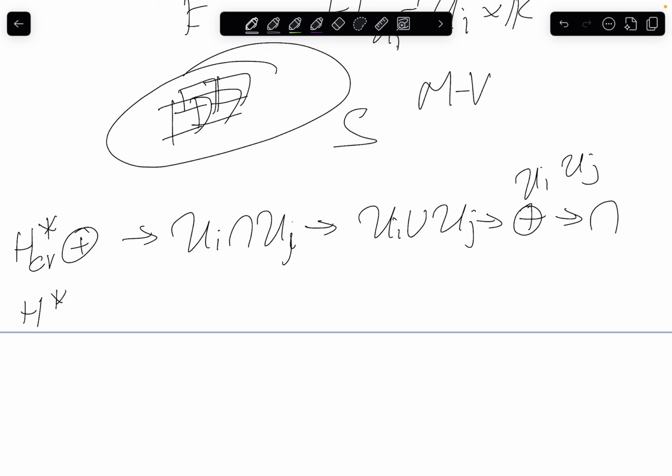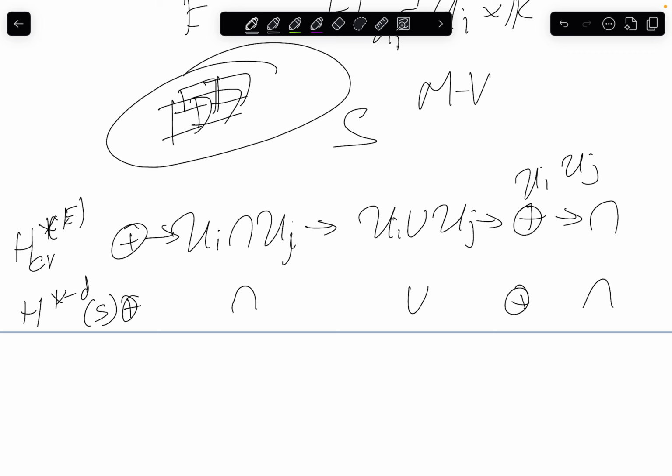We consider the cohomology dropping the degree of the base space, right? So we have a similar thing over here. We have sum, intersection, union, sum, intersection.